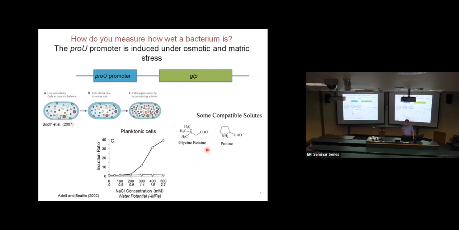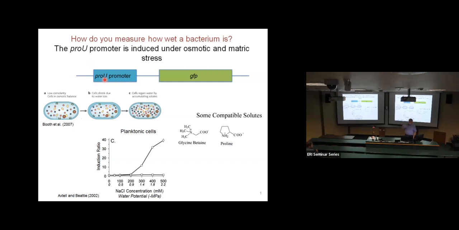So we wanted to know, was the presence of this detergent-like molecule that could bind water making the bacteria more hydrated or less water stressed? And we could again develop and use biosensors to have the bacteria tell us how water stressed they were. So in this case, we used a promoter for proline biosynthesis.